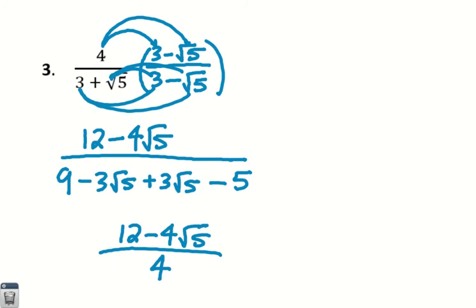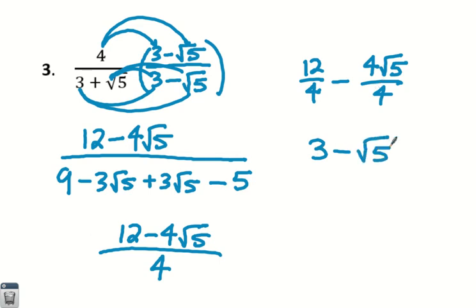If I was going to really break down all the steps, I could write it out like this first: 12 divided by 4 minus 4 root 5 over 4. Remember, dividing this 4 into both terms. And so this just becomes 3, and this just becomes root 5 when the 4's cancel out.